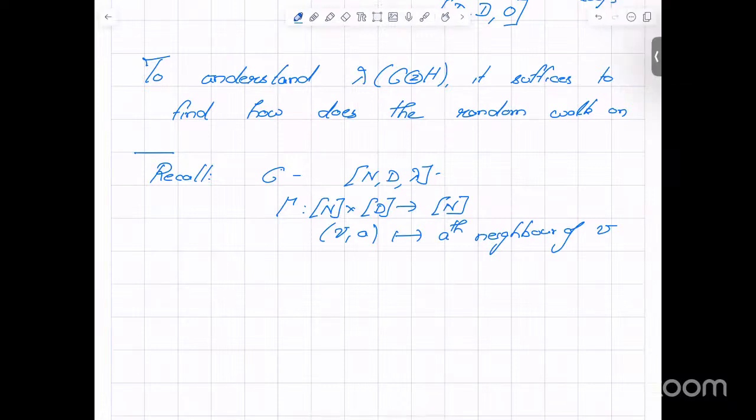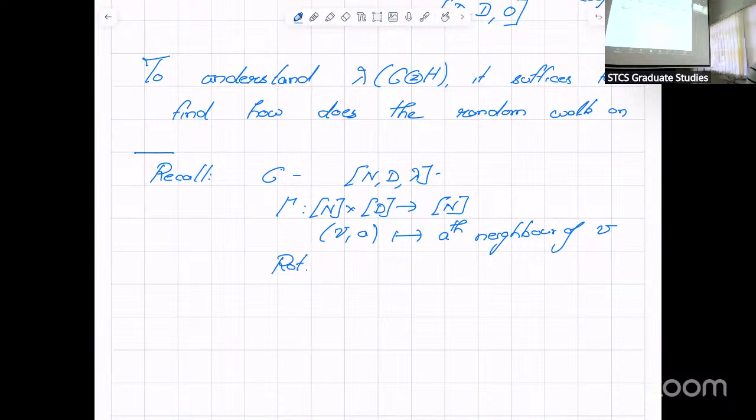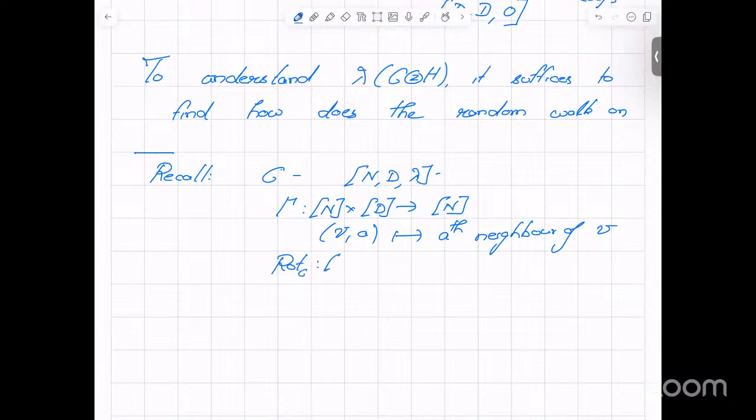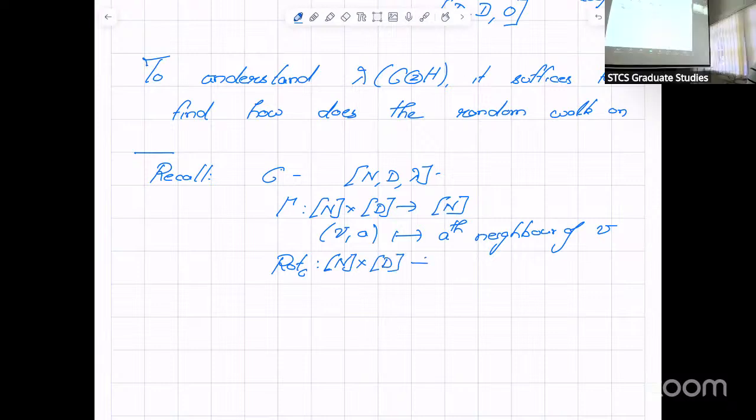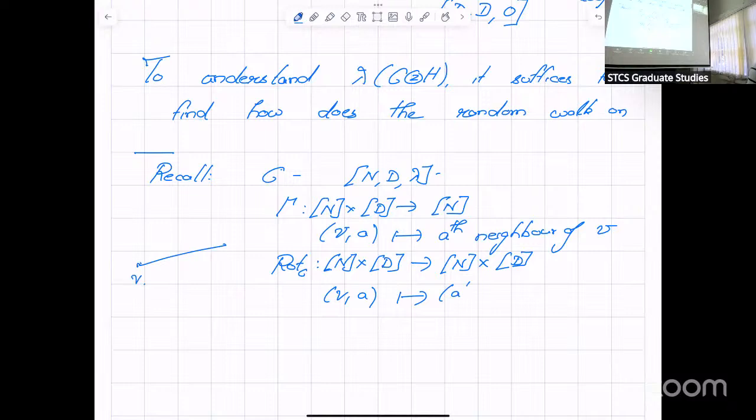But ROT is a slightly more sophisticated, finer version of the above function. I was thinking you were picking a at random. No. You give v comma a, and you not only give the a-th neighbor. Suppose there's v, and u is the a-th neighbor of v.